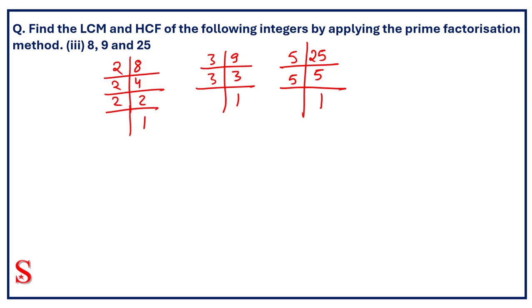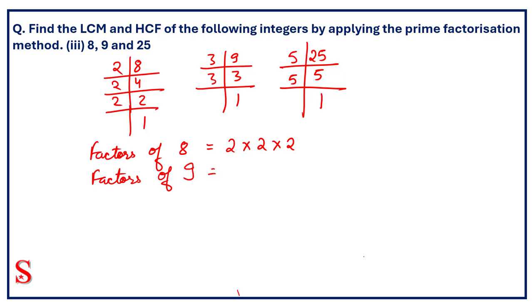Now write down the factors of 8, 9, 25. Now check out for the common factor. Could you find any common factor among these three numbers?